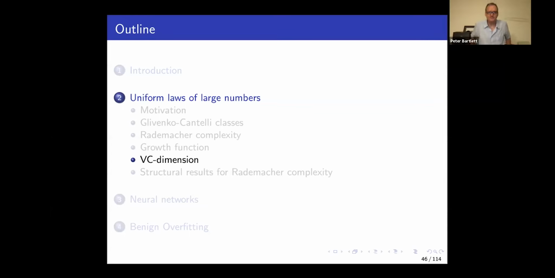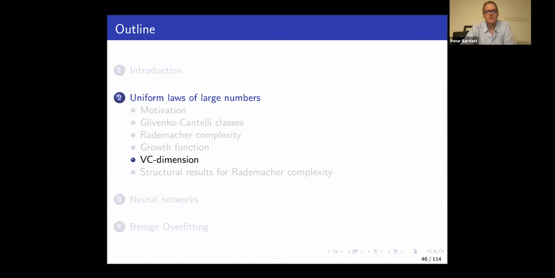All right, so we've seen that in terms of getting this Glivenko-Cantelli property, these uniform laws of large numbers over classes of functions, the Rademacher complexity is the right quantity. It's tightly coupled to those maximal deviations.